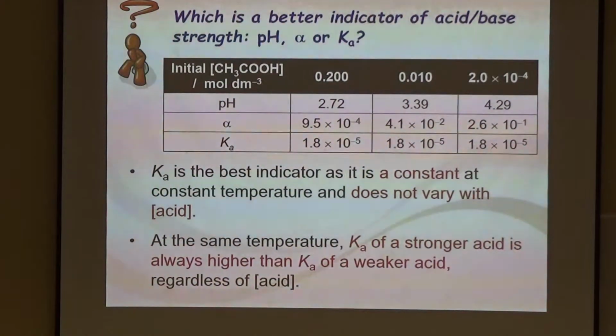Please note that this applies for weak acids. For a strong acid, they will never quote you a Ka, because, at least at A levels, if you go and look at the values, a strong acid is supposed to be 100% dissociated.